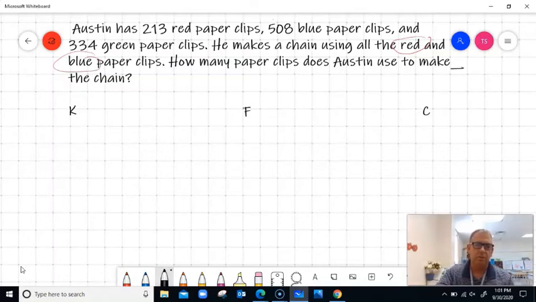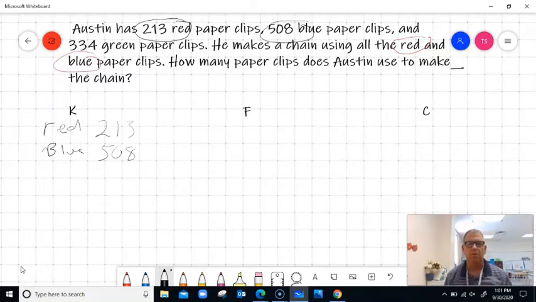He's going to use red and blue paper clips. Okay, and so there are 213 red paper clips and 508 blue paper clips. So for red, 213, and for blue, 508. And that's what we know in this problem.